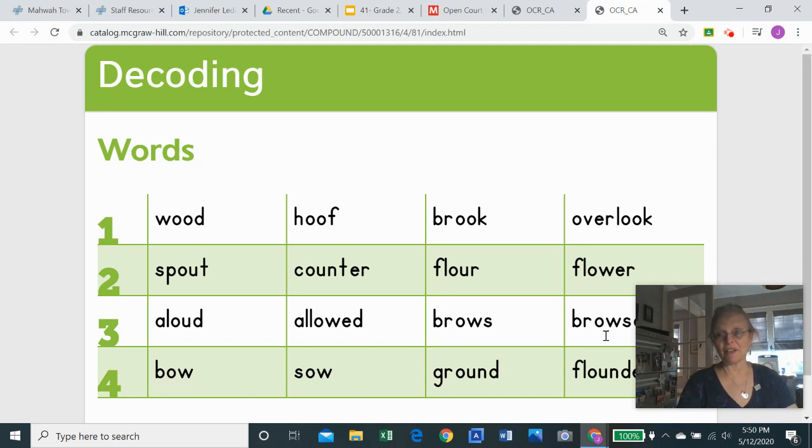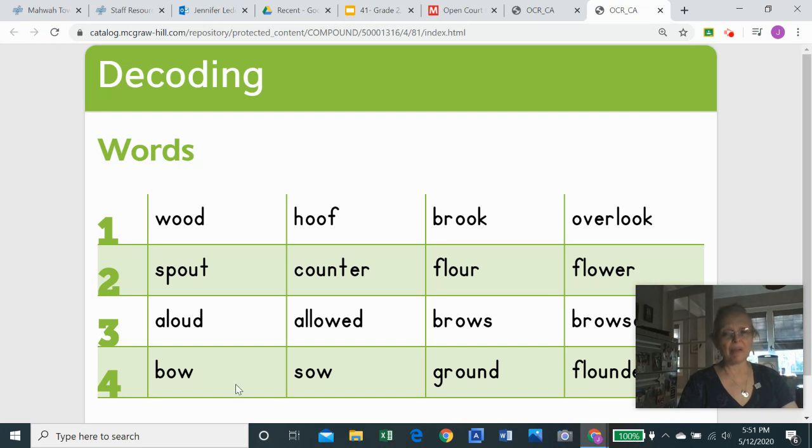Okay, let's read the words in line 4. Bow or bow, sow or sow, ground, and flounder. I'm sorry, you cannot see the ER at the end of this, but it's flounder.